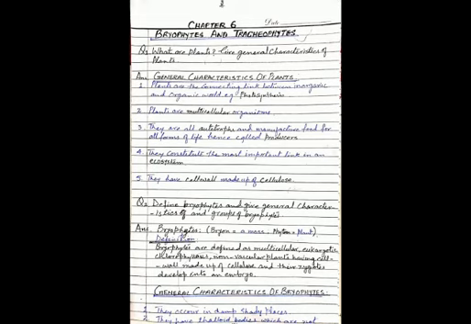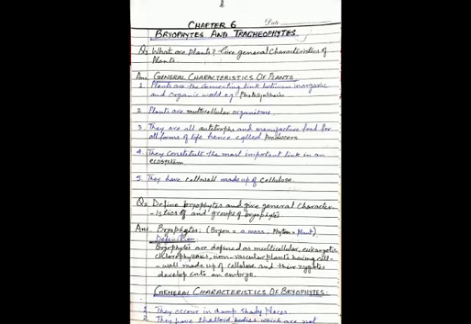Bryophytes are defined as multicellular eukaryotic, chlorophyllous, non-vascular plants having cell wall made up of cellulose and their zygotes develop into an embryo.